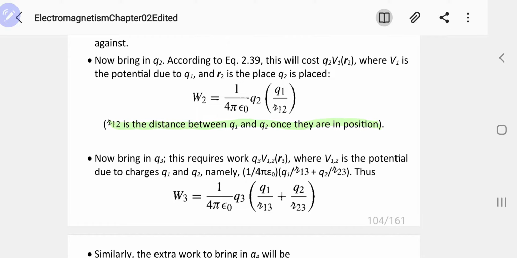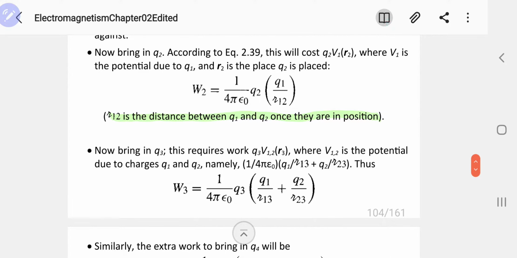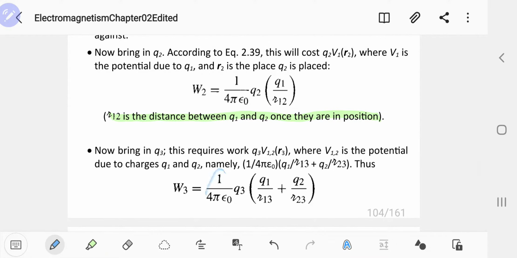So you have to add these two. Work is not a vector quantity, and electric potential is not a vector quantity, so you can just add them immediately. So this is the potential felt by Q3 from Q1.